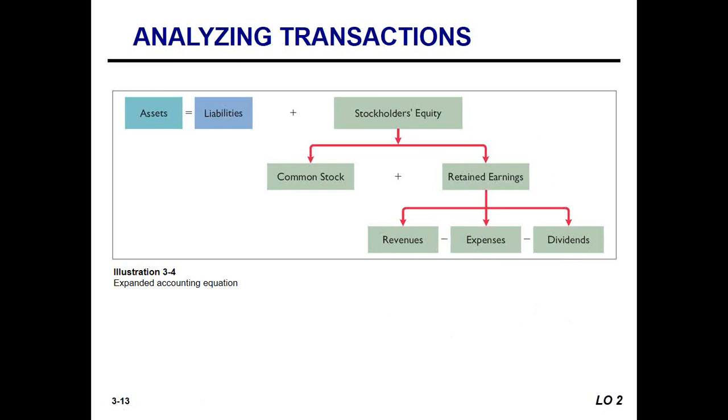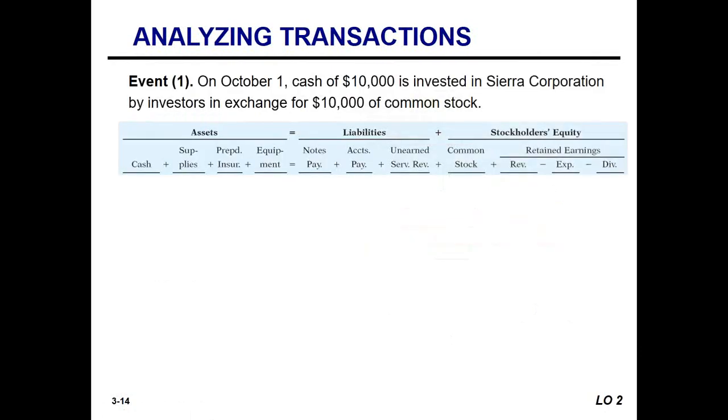All right. We have a transaction. On October 1st, cash is invested in Sierra Corporation by investors in exchange for $10,000 worth of stock. Now, what I would like you to do is look at page maybe 87 in your book.